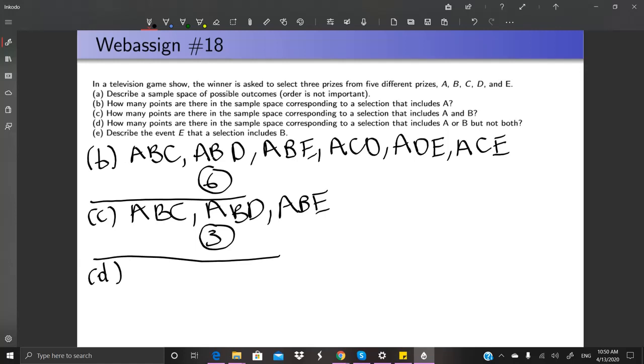Because those are the sample points that include A and B, but we don't want to include those that include both of them at the same time, right? So those 3 are automatically out.